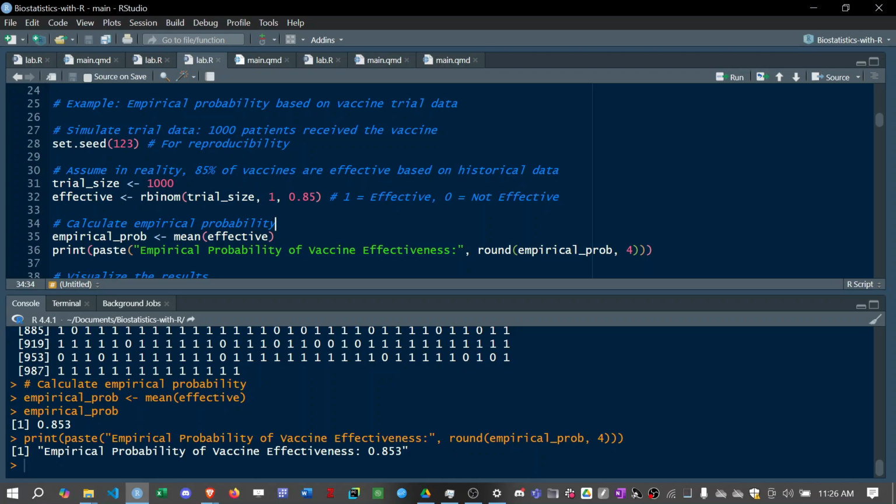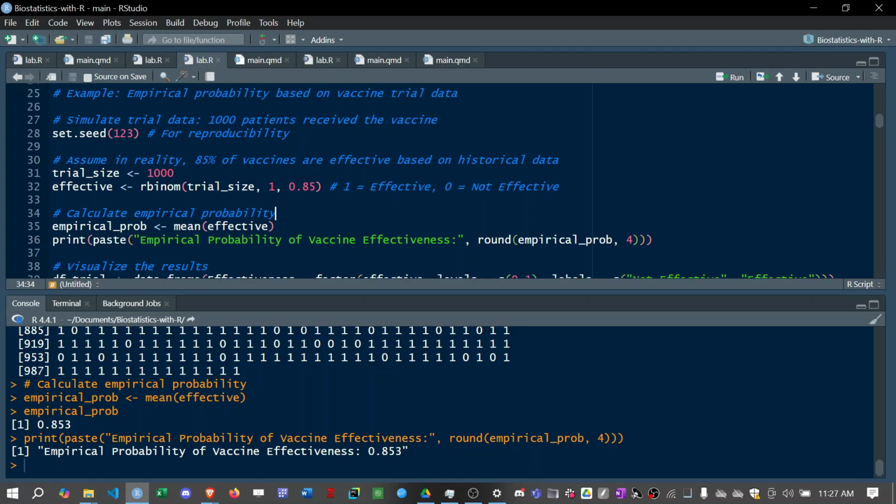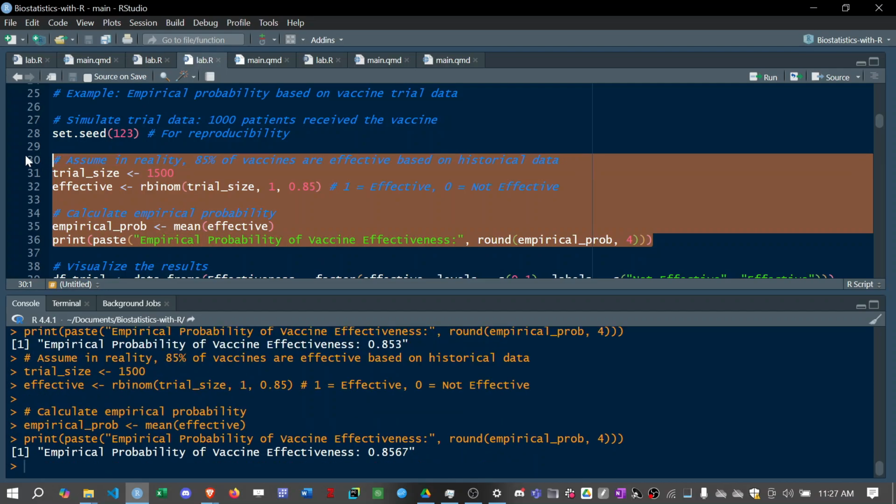So this is a clinical example of where empirical probability comes into play. Same thing, if I change this to, let's say, 1,500, and I run this together, you can see now we have 0.8567.